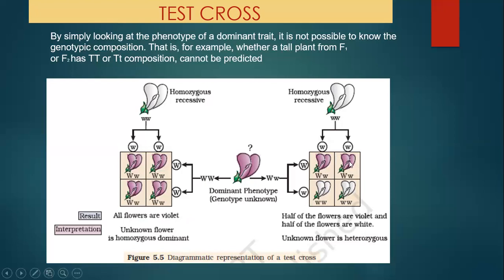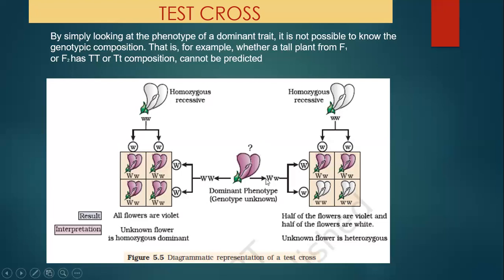But if, after doing a cross of this flower with a recessive parent, you get the dominant trait and the recessive trait in the ratio of 1:1, that is, half of the flowers are violet and half are white, then you can understand that this purple flower has the genotypic composition of capital W and small w.